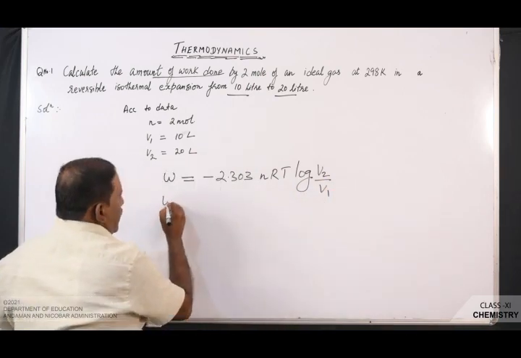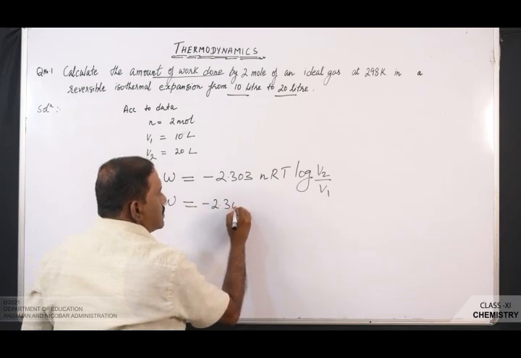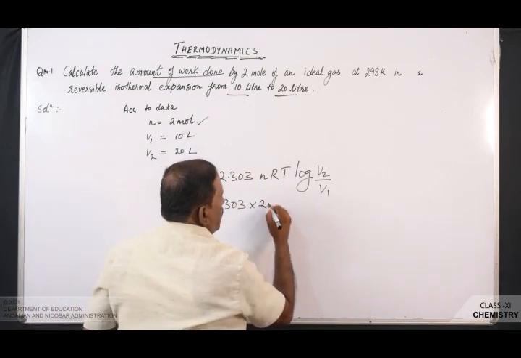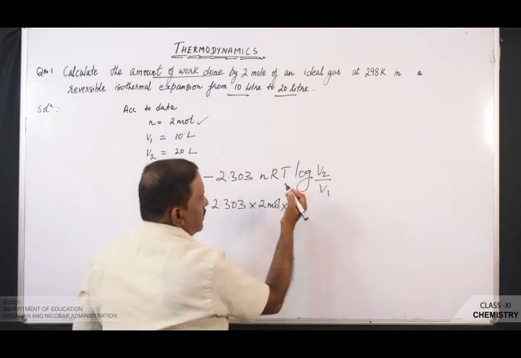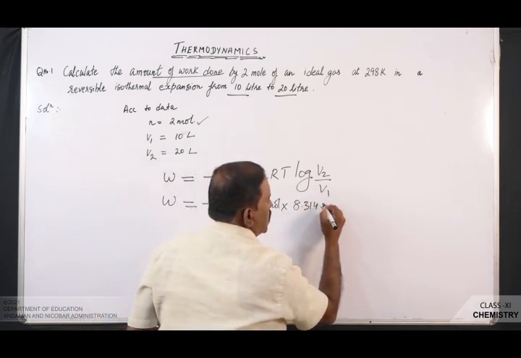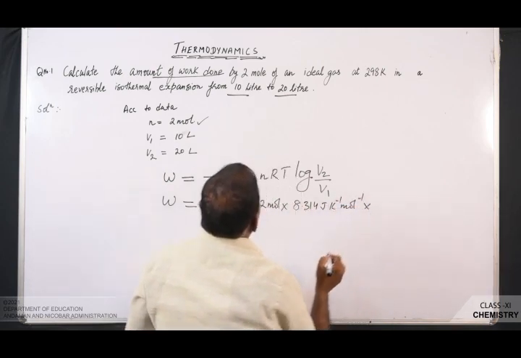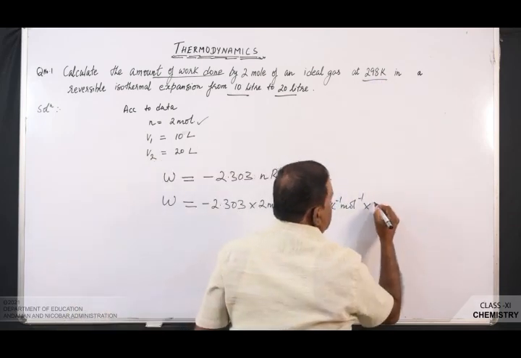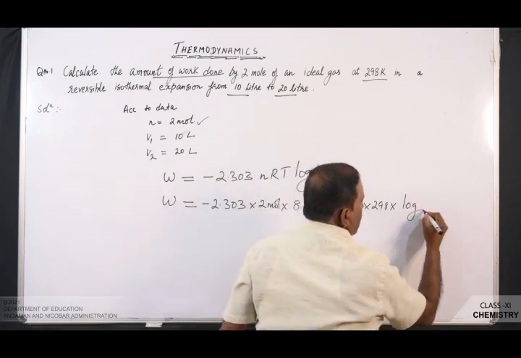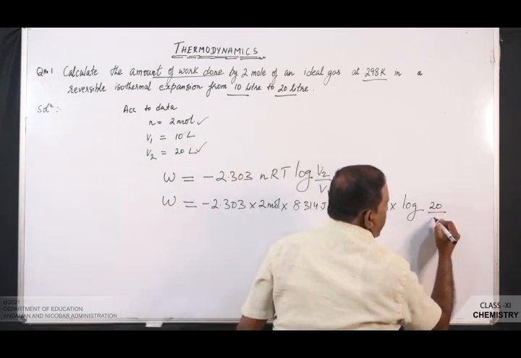Okay. So, here work done is equal to minus 2.303, n is 2 mole, into R, that is the gas constant, 8.314 joule K inverse mole inverse, into temperature, that is 298, into log of V2, that is 20, by 10.